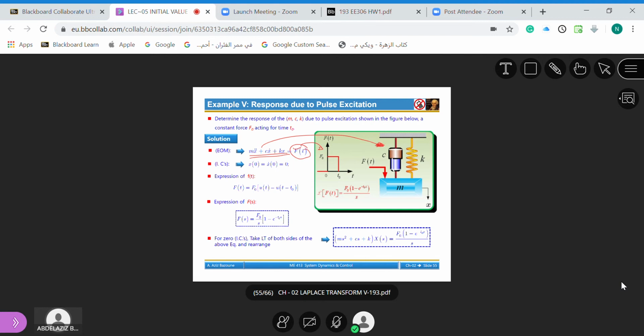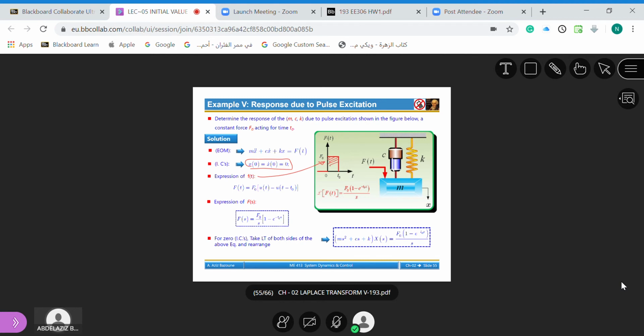Now, what is important for us is not the derivation, but the solution of this equation. Just assume we have zero initial conditions, so x of 0 is equal to 0, and x dot of 0 is equal to 0. We need the Laplace transform of f of t, which is given by this. If you remember, it's the pulse.